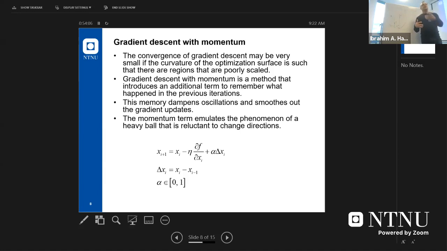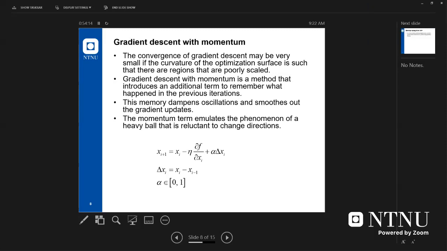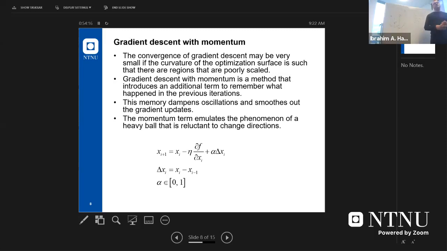Maybe in batch gradient, it will remember something from the last epoch, correct? But when it's stochastic gradient, we will remember something from the last examples, the last 2 examples, for example.